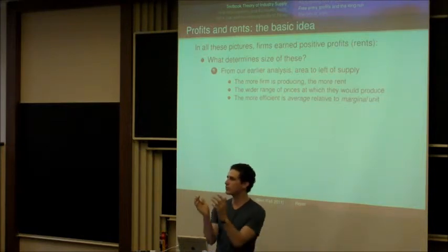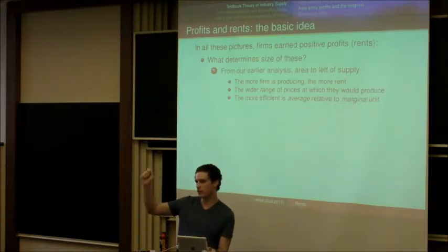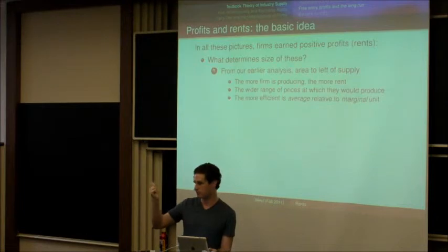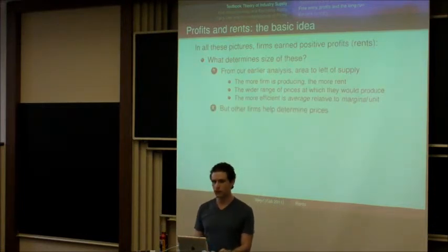So if the firm can produce the average unit very cheaply, but the marginal unit not so cheaply, and that's equal to the price, then the firm is going to earn a lot of profits, right? But of course, the price in the market is determined not just by the firm, but by the set of all the firms in the industry, by the industry supply function, right?